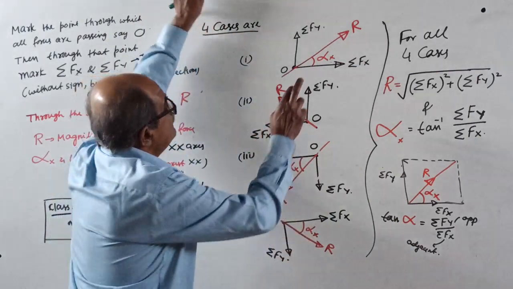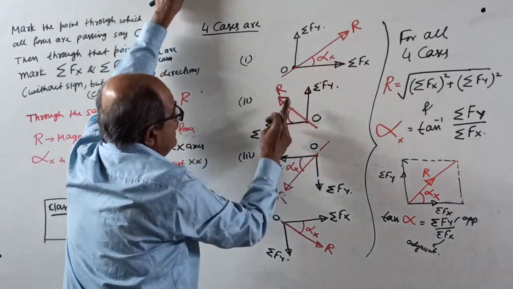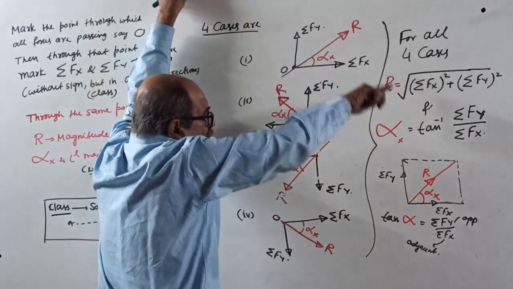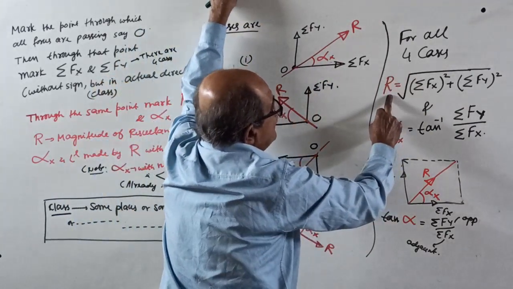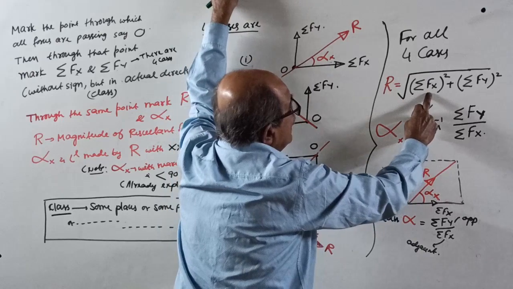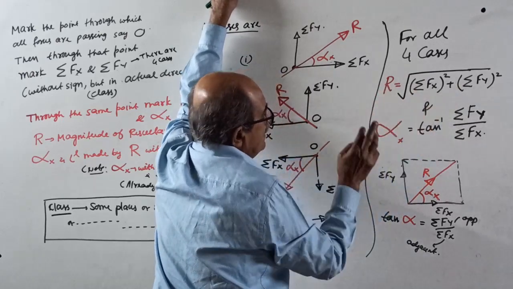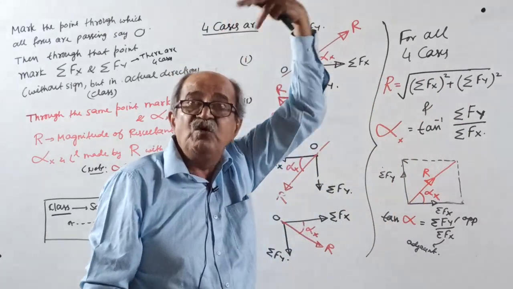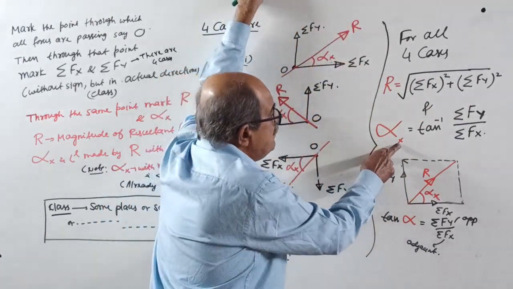In all the cases, see the resultant R and the angle alpha x. For all the cases, the resultant equals root of sigma Fx square plus sigma Fy square. And alpha x is tan inverse of the other component, as your angle is measured with x.